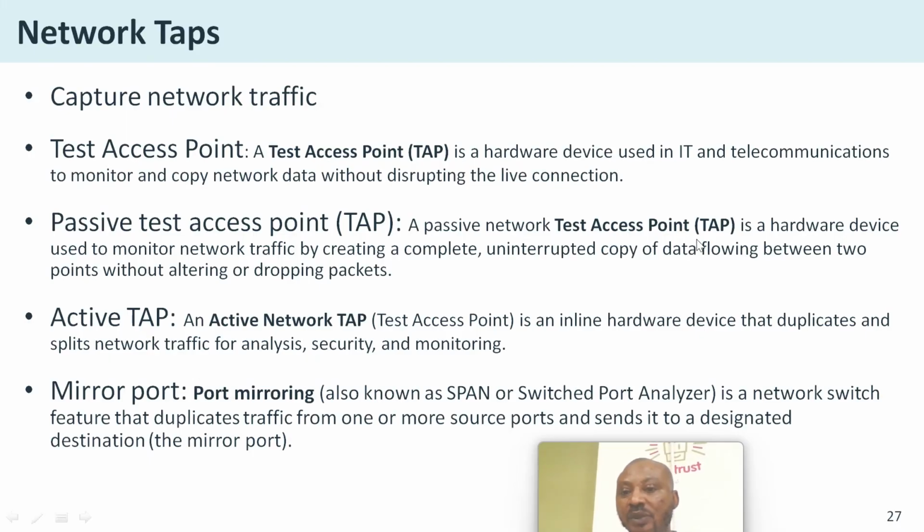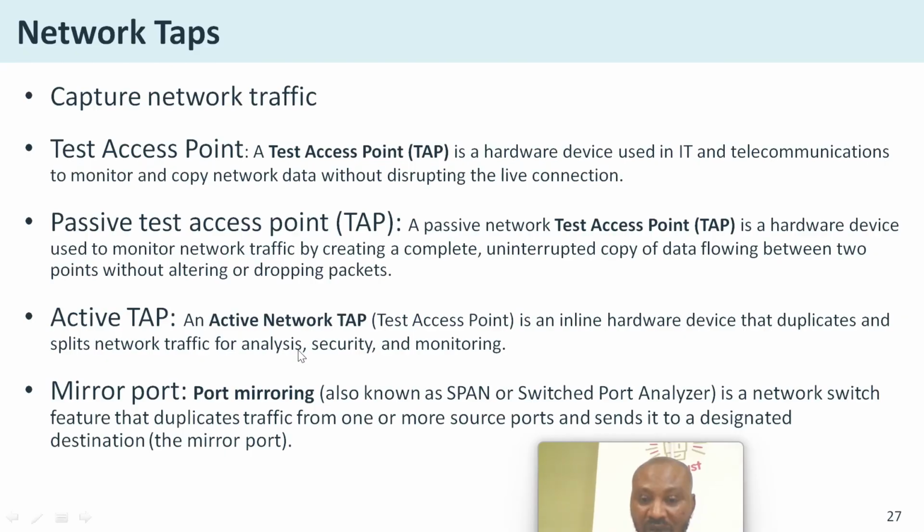The passive network access point is a hardware device used to monitor network traffic by creating a complete uninterrupted copy of the data flowing between two points without altering or dropping the packets. You just want to monitor what's going on, so you create a complete copy of the data flowing between two points.